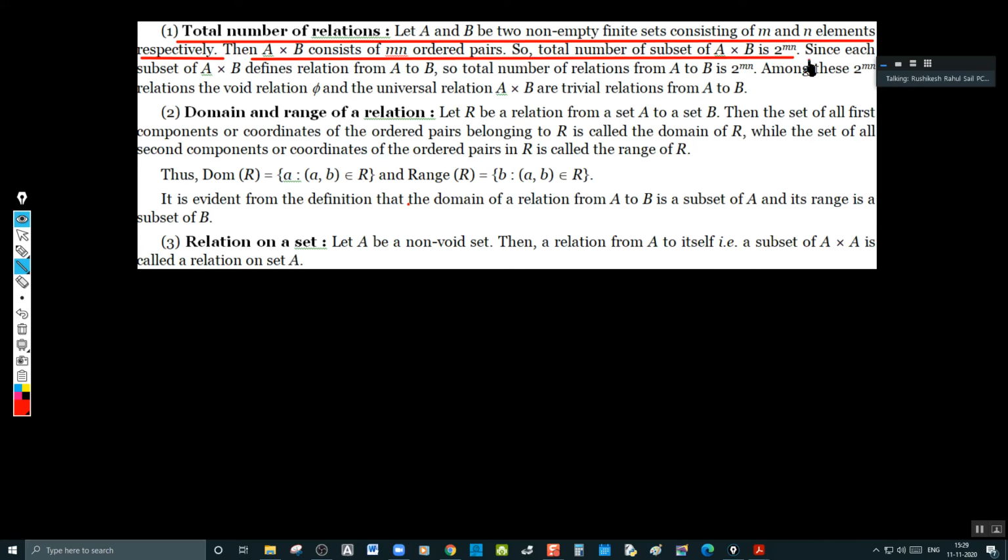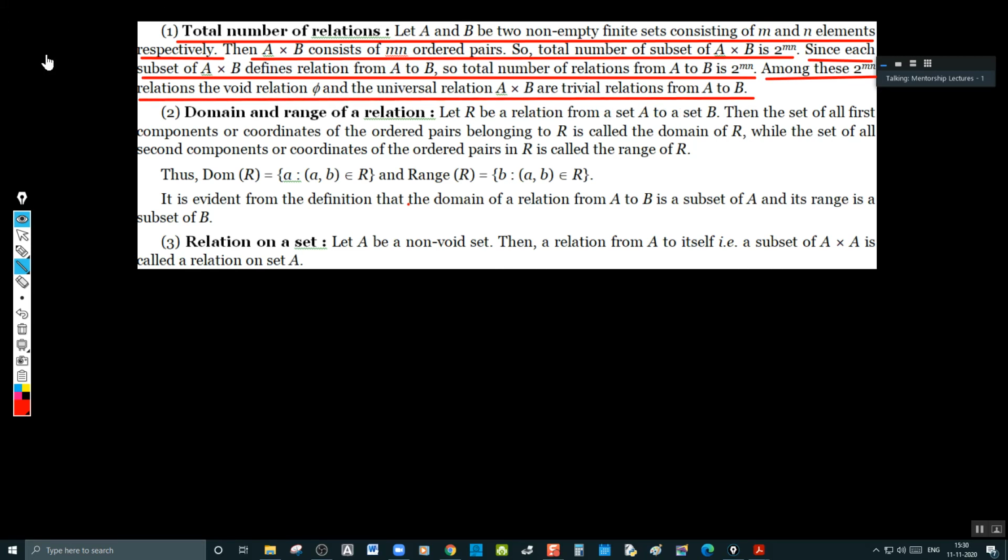Since each subset of A cross B defines a relation from A to B, the total number of relations from A to B is 2 power mn. Among these 2 power mn relations, the void relation phi and the universal relation A cross B are said to be trivial relations.